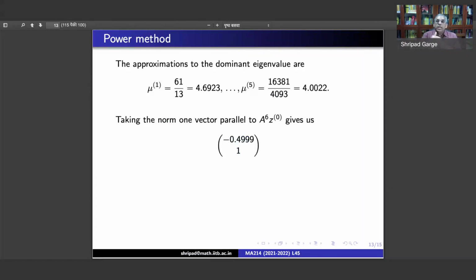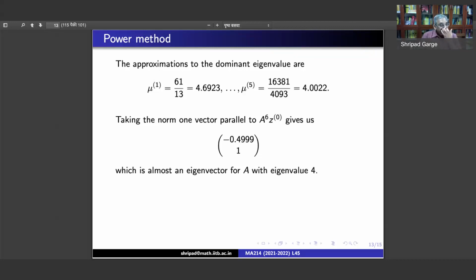And if you want to take something which is parallel to this but with norm equal to 1, then you will have to divide it by 2, and so you get -1 by 2 and 1. These are the entries of the column vector, which gives you a norm 1 vector which is parallel to your eigenvector, almost. Okay, so this is almost an eigenvector for A with eigenvalue 4.